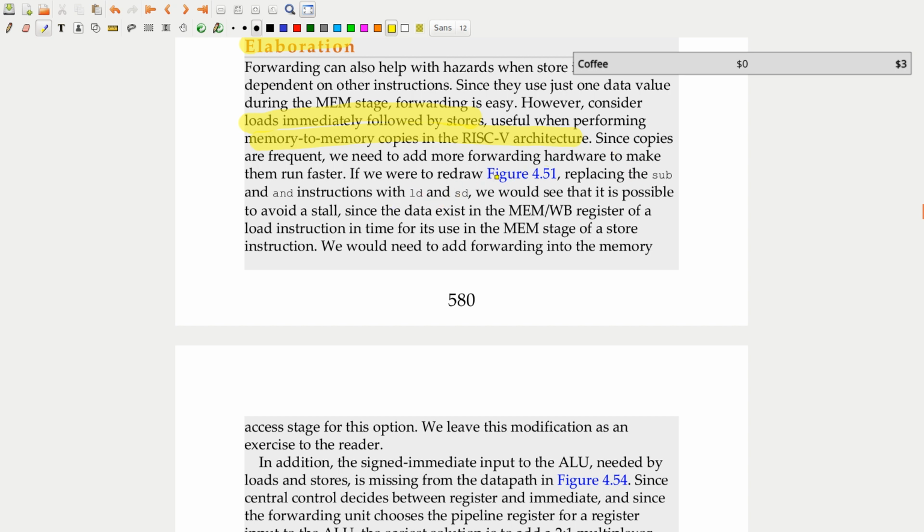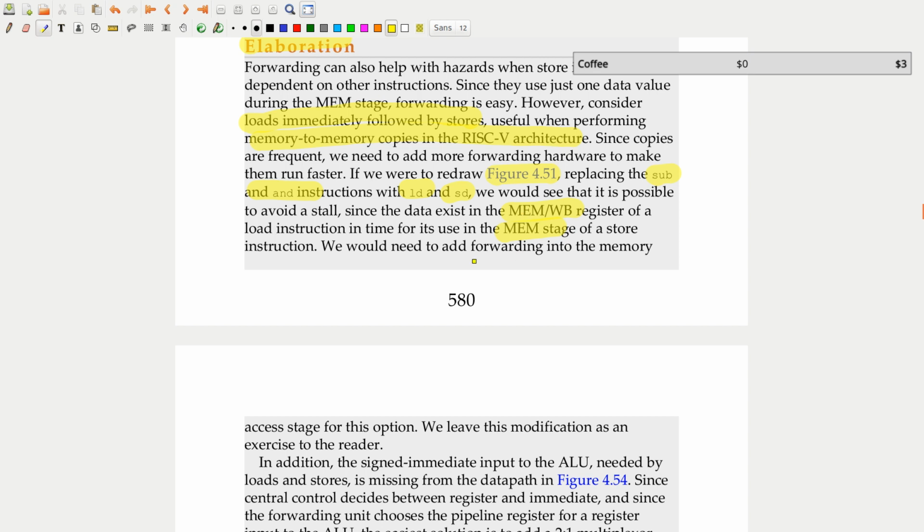If we were to redraw this previous figure that we just saw, replacing sub and with load store, we would see that it is possible to avoid a stall since the data exists in the mem write back register of a load instruction in time for use in the mem stage of a store instruction.